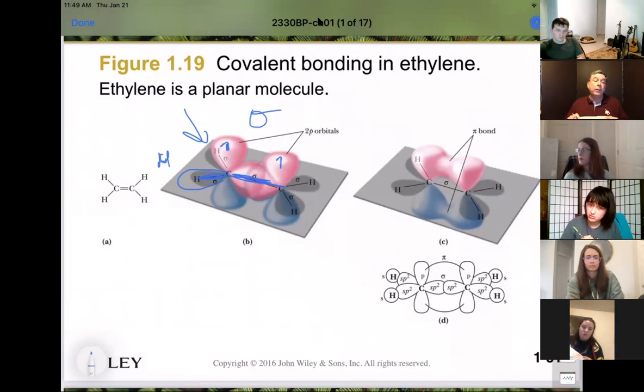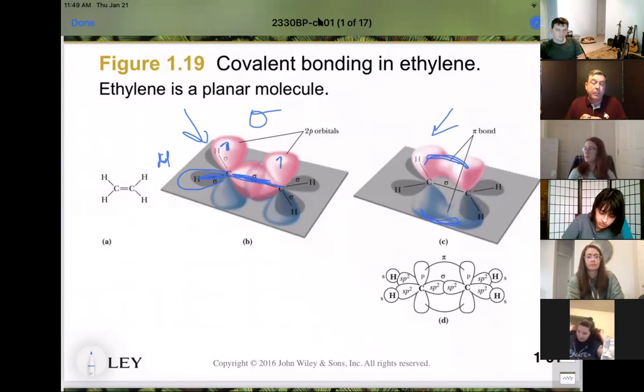So that's why all hybridized orbitals create sigma bonds, and the unhybridized p orbitals can be above and below the sigma bond that was already created and creates that overlap. So pi bonds are always unhybridized p's, and they're above and below the sigma bond created by the hybridized bonds.